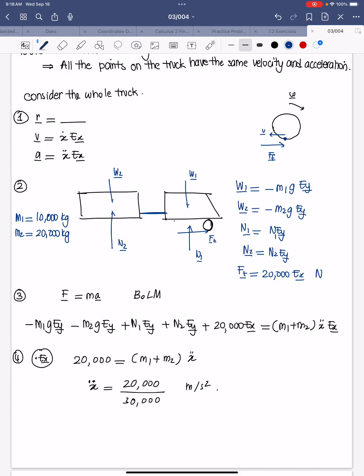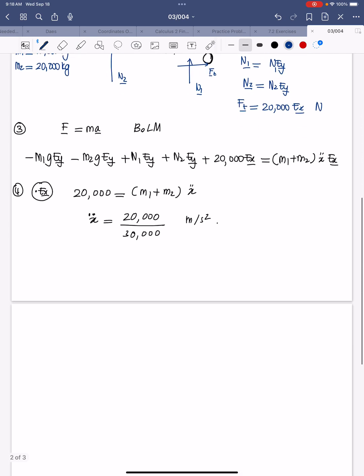But if you were to do the same analysis to the front truck, you would get the same answer. So consider the back trailer. And let us do the 4 steps again. Again, the velocity and the acceleration of all the points on the truck are the same, and it's moving in rectilinear motion along EX.